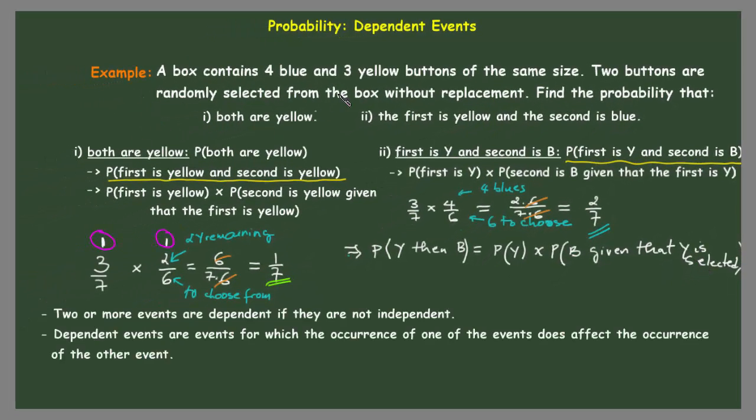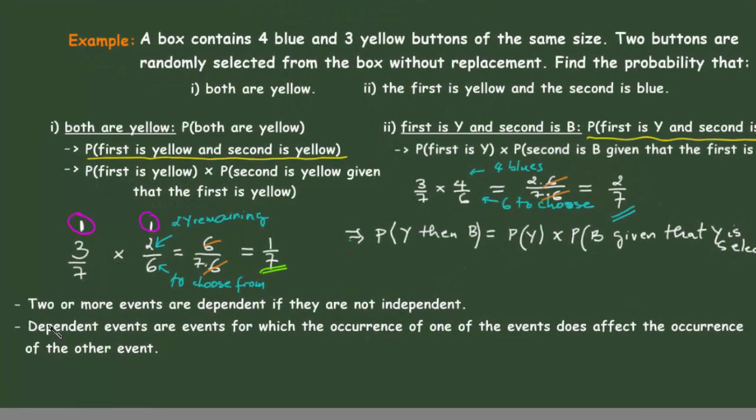According to the information we had in this example, we can say that two or more events are dependent if they're not independent. Of course, just the contrary. Dependent events are events for which the occurrence of one of the events does affect the occurrence of the other event.